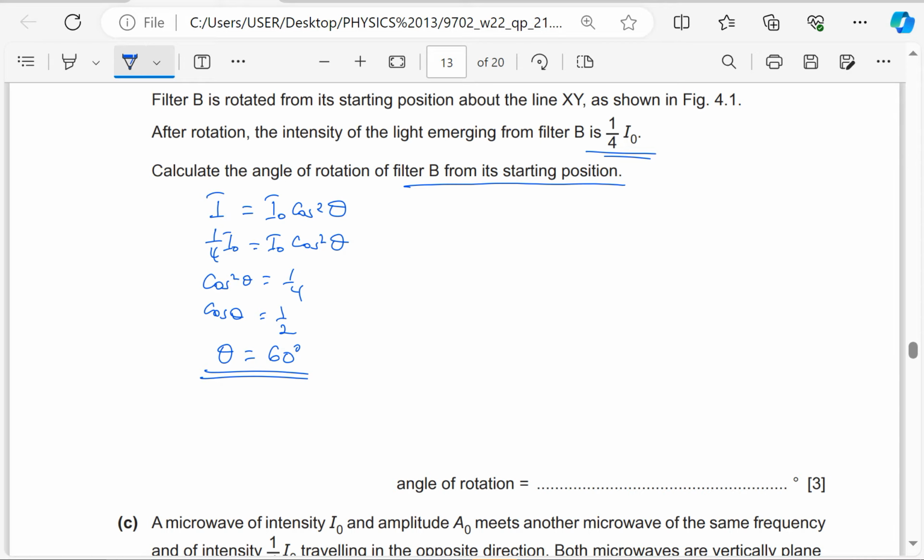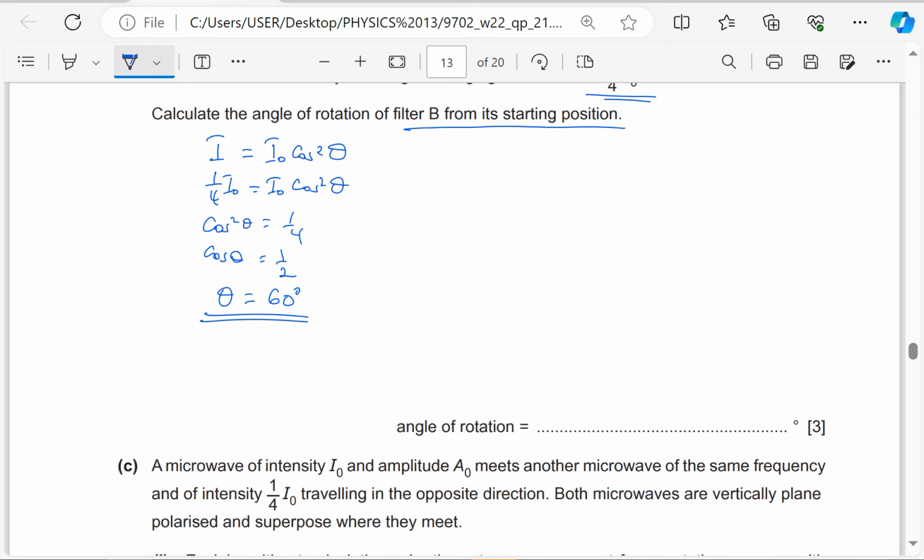But remember, the plane was initially horizontal. That means the angle of rotation should be equal to 90 minus 60, which gives us 30 degrees.